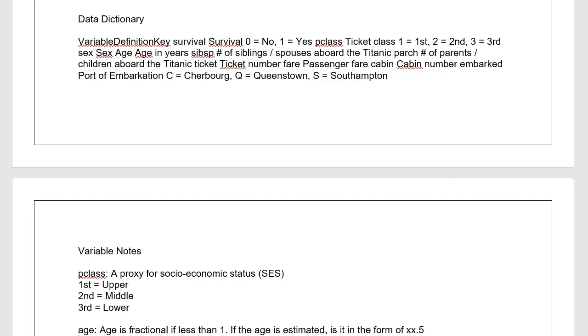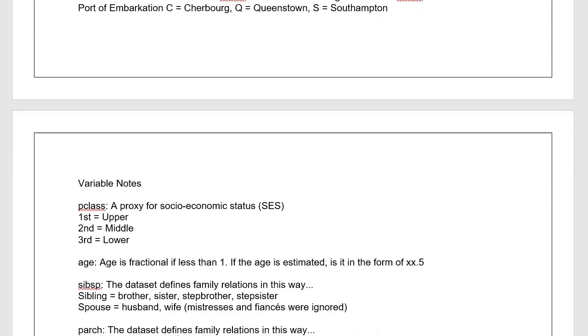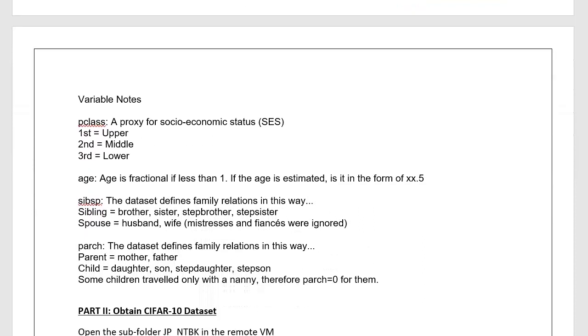It has three to four cabins, so we are making sure which cabin is coded. It's a one-hot encoding style, where we assign a value to a variable parameter. In the variable notes, we have P class: 1 is going to be upper, 2 is middle, and 3 is lower class.